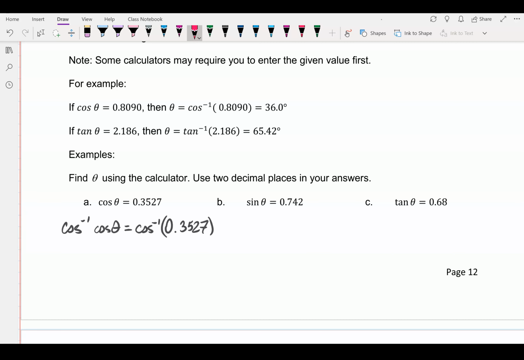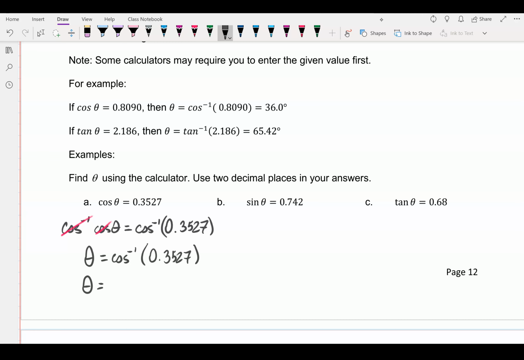I'm not going to get into this too much, but the cos inverse of cosine cancels out the cosine, just like 1 over x times x gives 1. So don't think about that too long. Just trust me, whenever you need to find that angle, just bring the trig function to the other side and solve it.